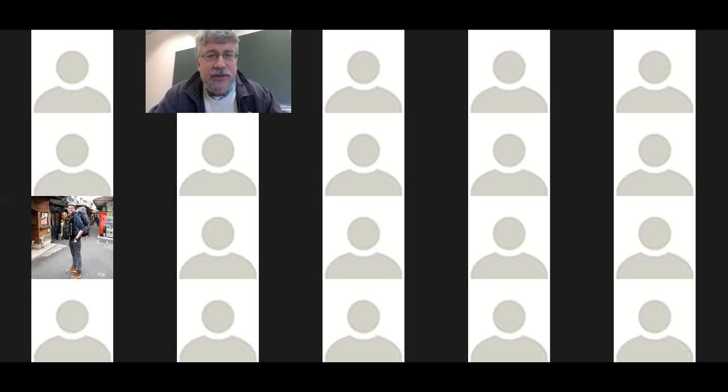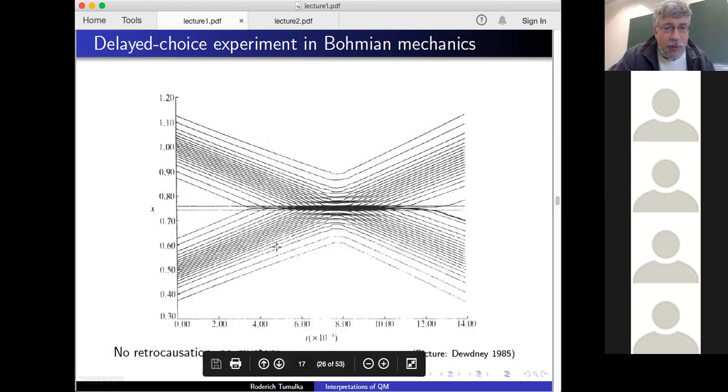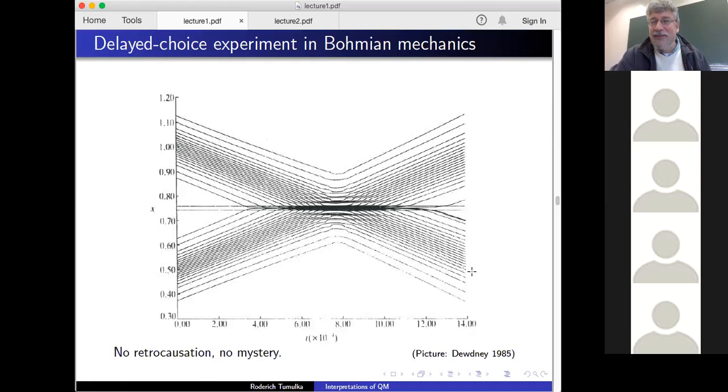Okay, so if you can see this in the simulation, if you look hard, the trajectories in the upper half stay in the upper half, and those in the lower half stay in the lower half. That's curious. Why is that curious? Because it's the opposite of what Wheeler thought would happen. Wheeler thought that if the electron passes through the upper slit, then it arrives at the lower counter.